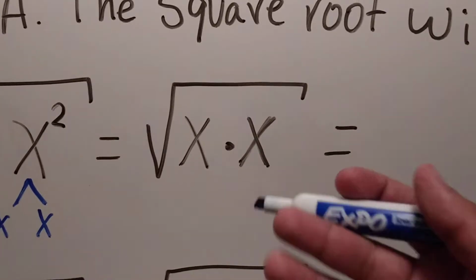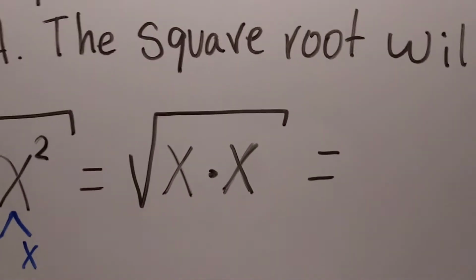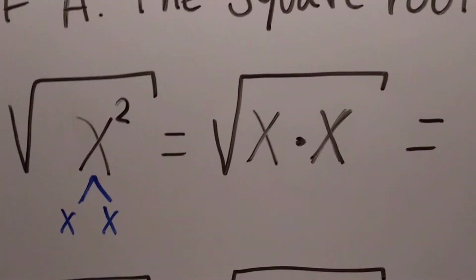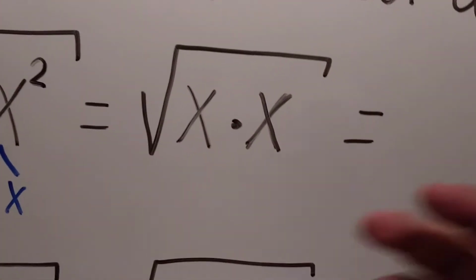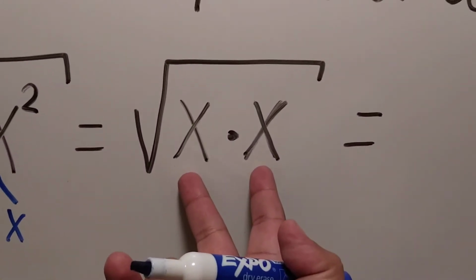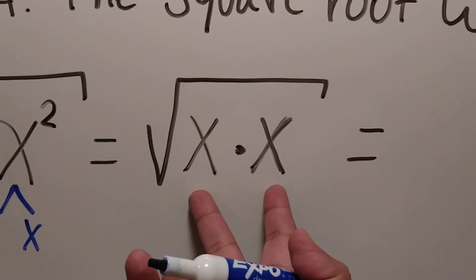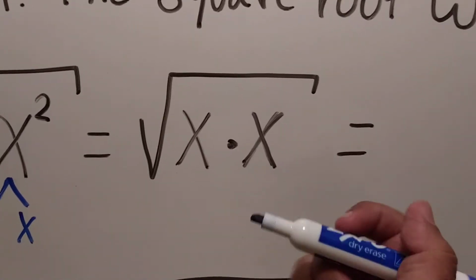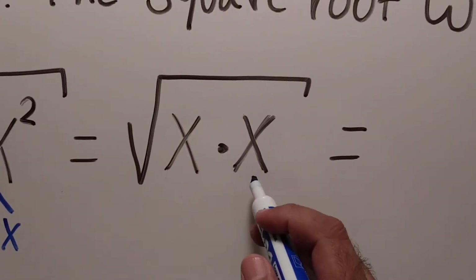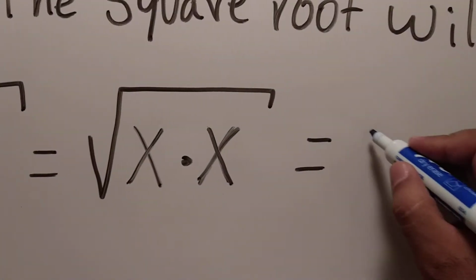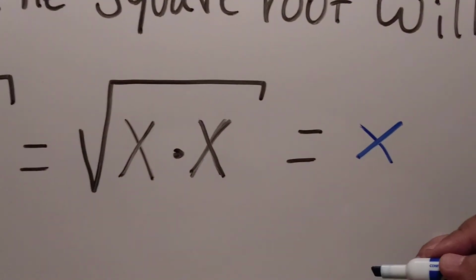So now here is the layman's terms on how to solve for the square root of x to the second power. Per every two numbers or variables of the same, one of them is going to be simplified out. So for example, here we have an x and a second x, it comes out as an x.